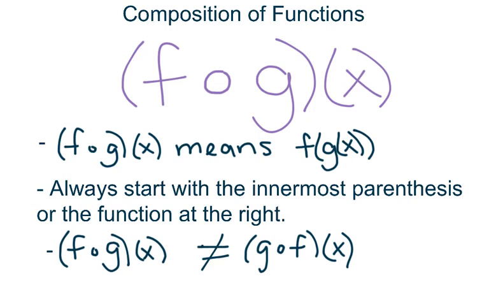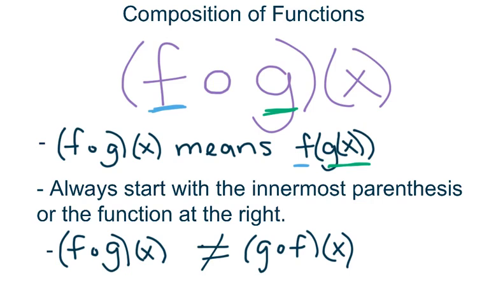Okay, so composition of functions. f of g of x. What it means is I'm going to take the first function, and it's going to be my outer function. I'm going to take the second function, and it's going to be my inside function. So if you see in that little picture, the g of x is inside the f function.